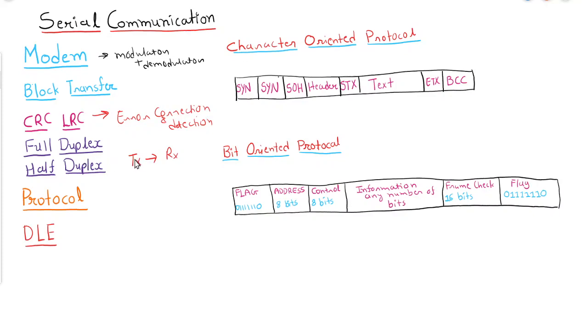At one instance of time only one entity can send data, while at another instance the same channel can be used by another entity to send data. So TX and RX take place, but at separate times.